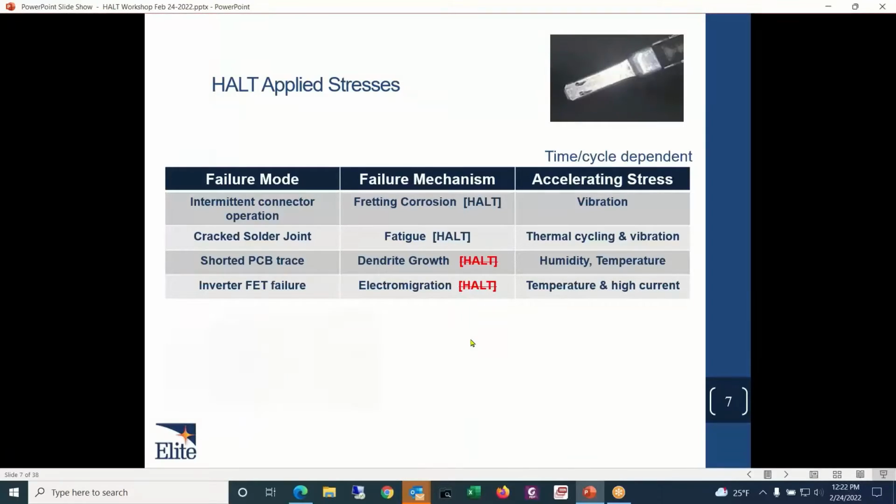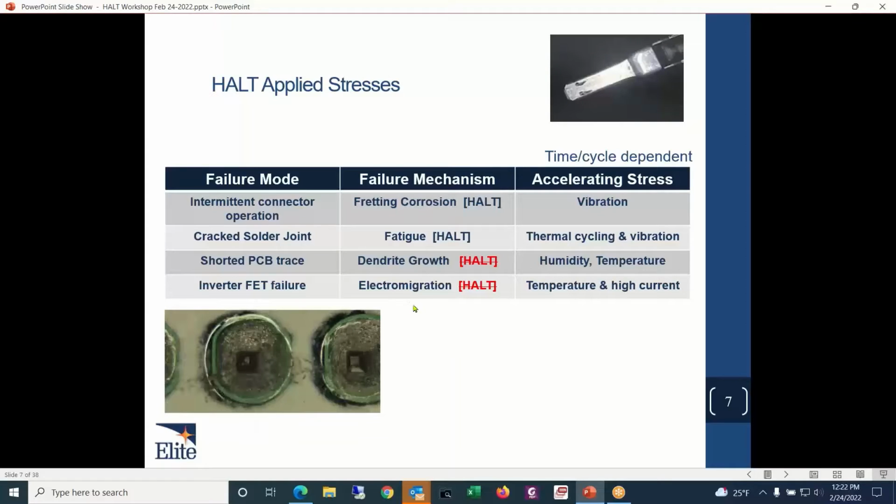HALT won't address all failure mechanisms. So for example, there's just a couple of failures that we see with electronics that really aren't effectively precipitated with HALT. If your failure mode is a shorted PCB trace, and you do some analysis and you find that there's some dendritic growth between traces or leads or contacts, dendrite growth is a particular failure mechanism that's really not driven much by the type of stresses that come from a HALT test.